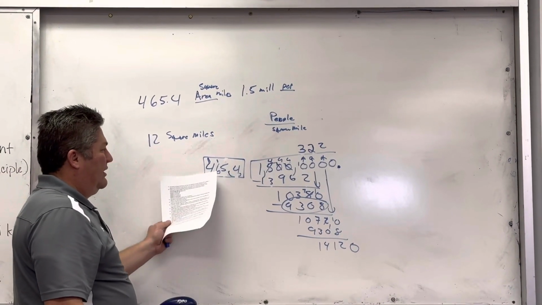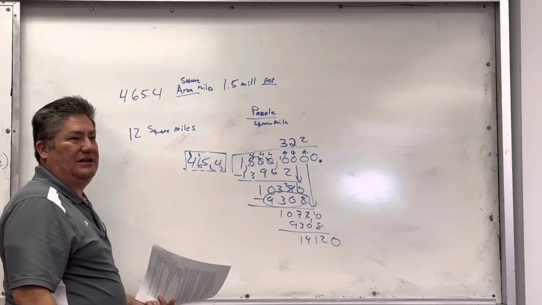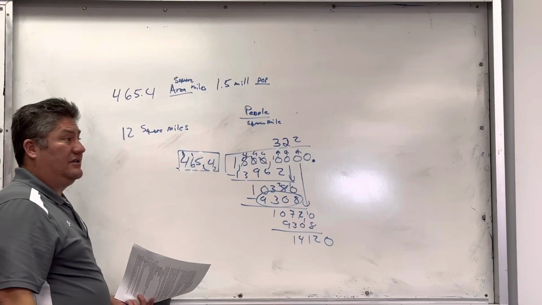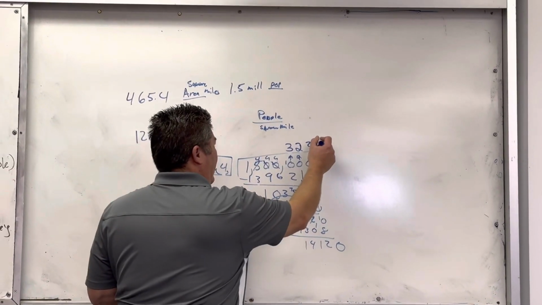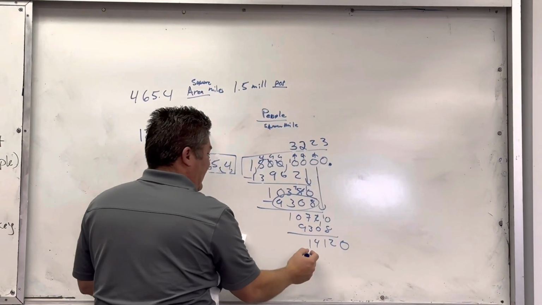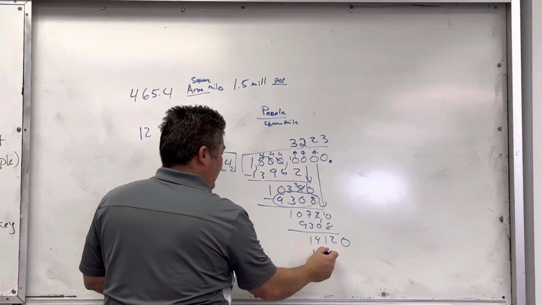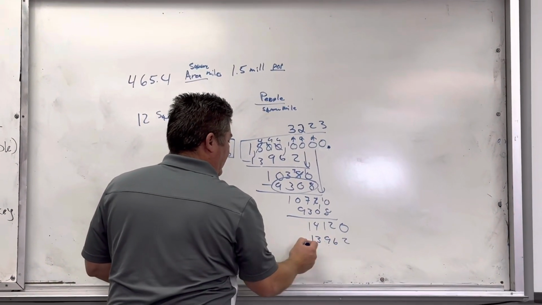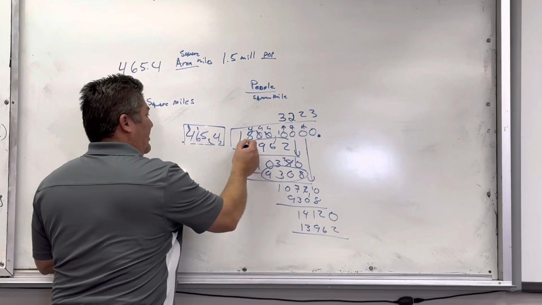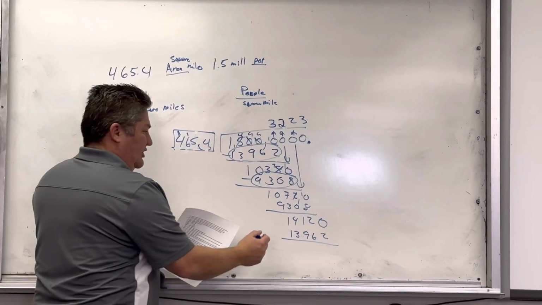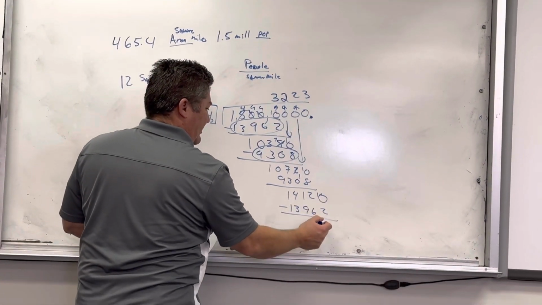Okay, now how many times will 4 go into 14? 3 is my guess, right? 3. Hey, that's that. 13,962. Okay, I've already done the 3, that's why I knew that. Now I just subtract those, and what do I end up with?